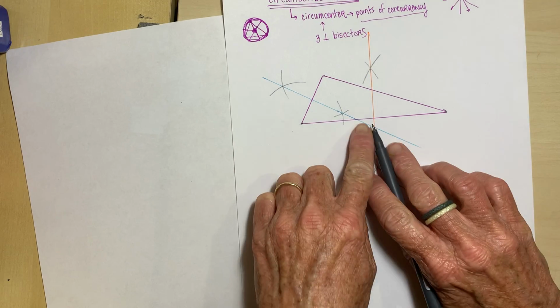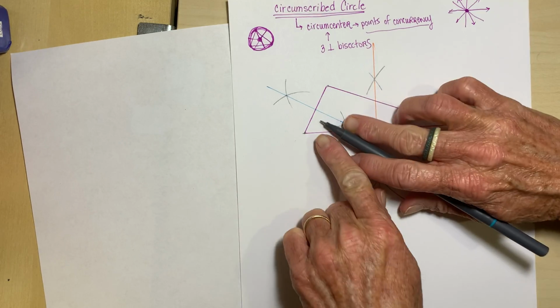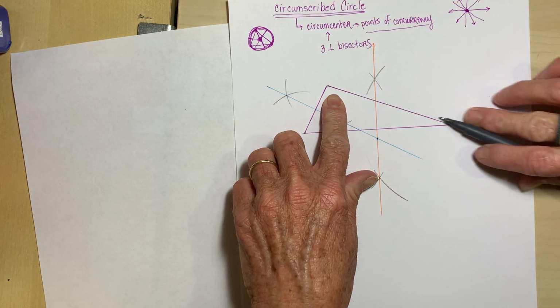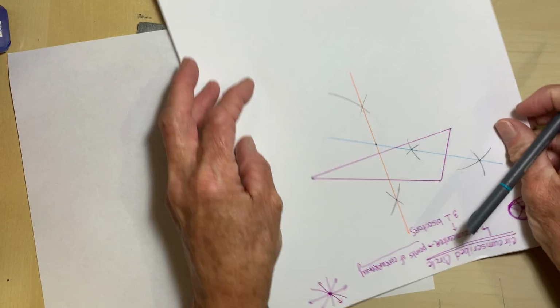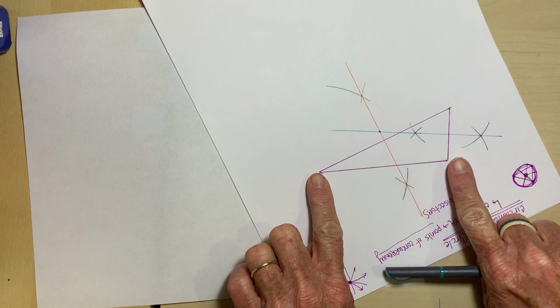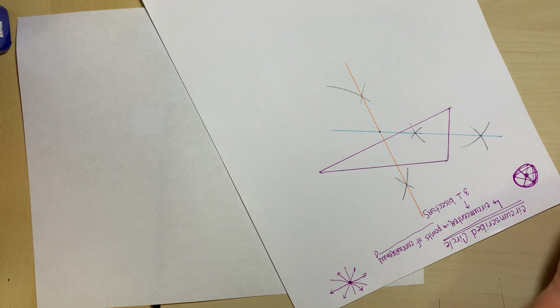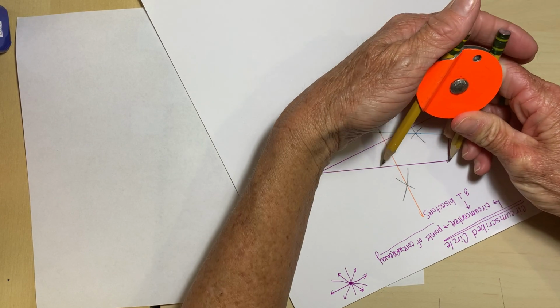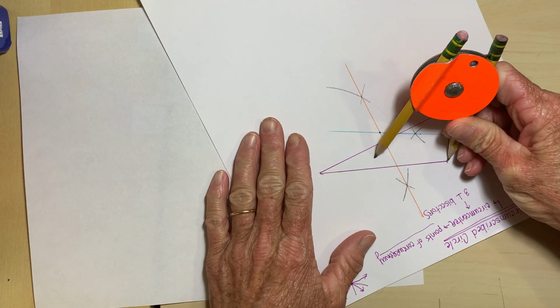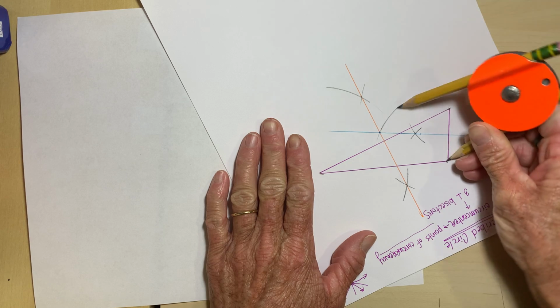So if these lines are indeed concurrent, I should have already found the circumcenter, but we need to do one more side. So I bisected the bottom side, I bisected the left side, now I need to bisect the right side. I'm gonna go ahead and spin it around again though. So this is the side we're working off of. All right, opening the compass greater than half, swinging arcs above and below from either of the two endpoints.